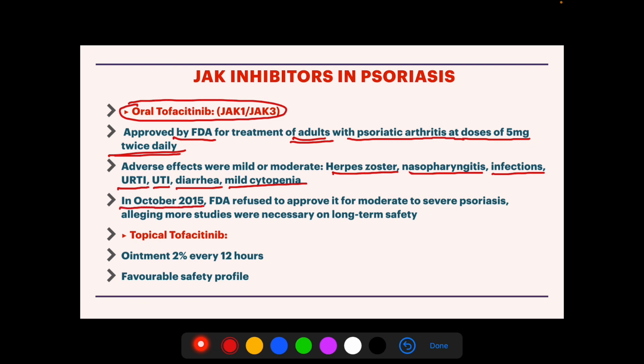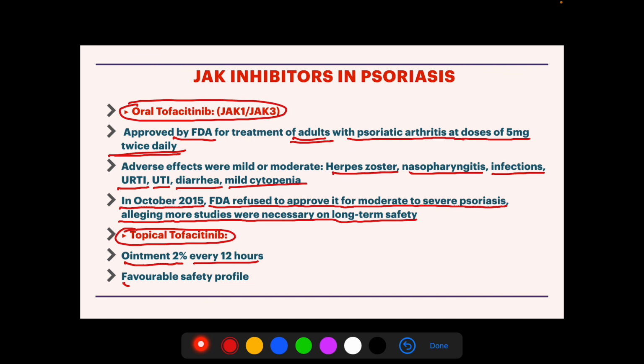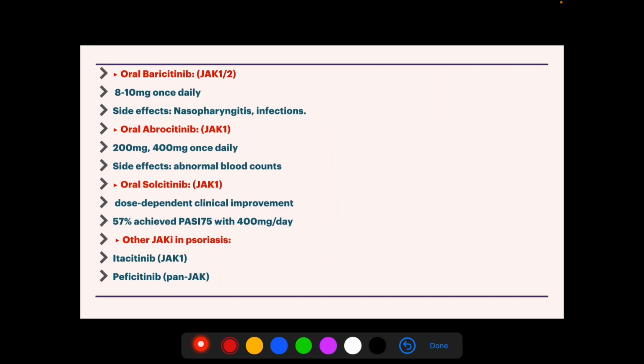In October 2015, FDA refused to approve it for moderate to severe psoriasis, alleging more studies were necessary on long-term safety. Next is topical Tofacitinib ointment 2% every 12 hours, used with a favorable safety profile.